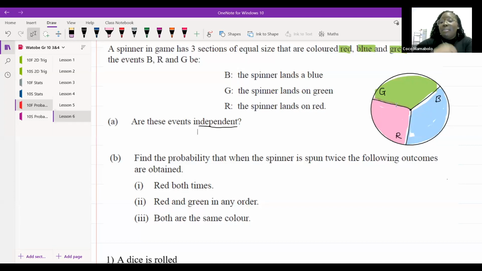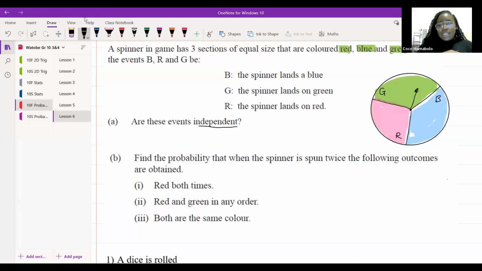All right, let me ask the question this way. If I take the spinner and I spin it and it lands on green, the probability of green is going to be 1/3. Now, if I spin it again, did green disappear? Did the green part disappear if I spin again? No. So does the second spin depend on the first spin?